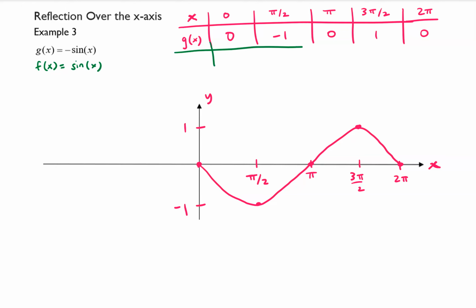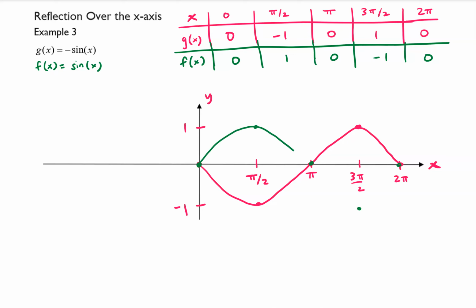So if I continued on this table, and I plugged in the same x values, and I wanted to see what the output values for f of x would be, this is going to be 0, 1, 0, -1, and 0. And so on the same set of axes, I'm going to graph the f of x function in green, and so that's going to look something like that. And notice that it is indeed just a reflection over the x-axis.